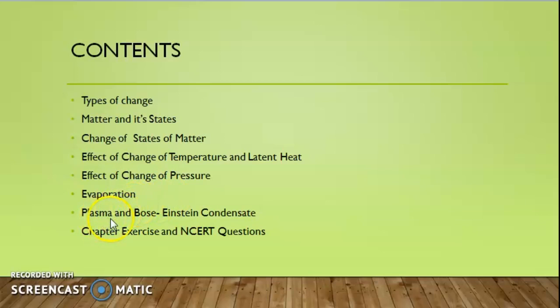Seventh topic is plasma and Bose-Einstein condensate. Basically, plasma and Bose-Einstein condensate are states of matter only. So we will discuss these 2 topics in detail in this chapter. Now, the last topic is chapter exercise and NCERT questions, that also we will solve in this video.